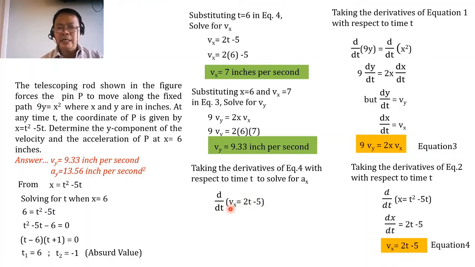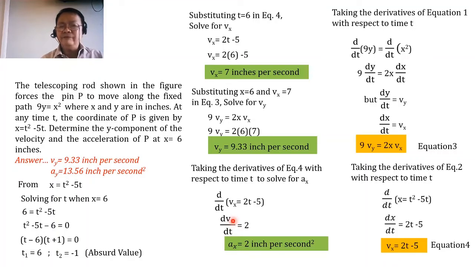The left-hand side of this equation would have a derivative equal to dvx over dt, while the right-hand side would have a derivative equal to 2. But this dvx over dt is actually the x component of the acceleration, which when substituted will give us the x component of the acceleration equal to 2 inches per second squared.